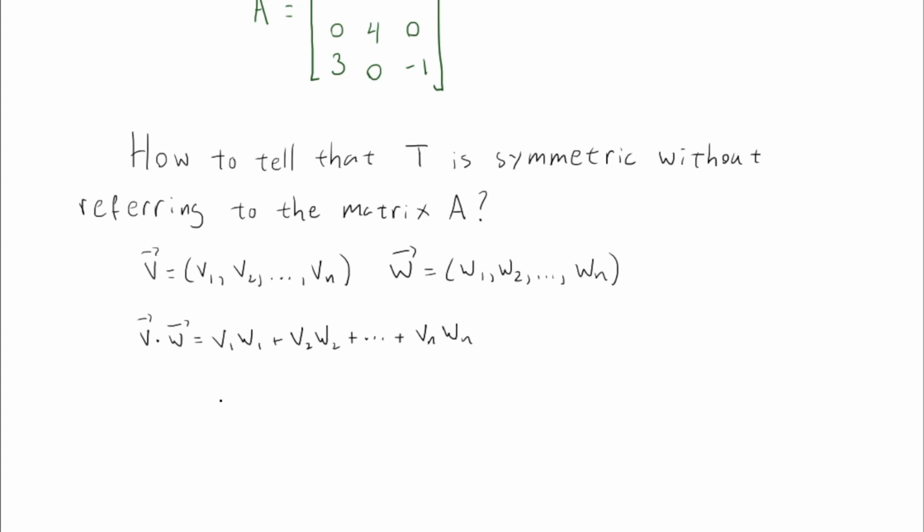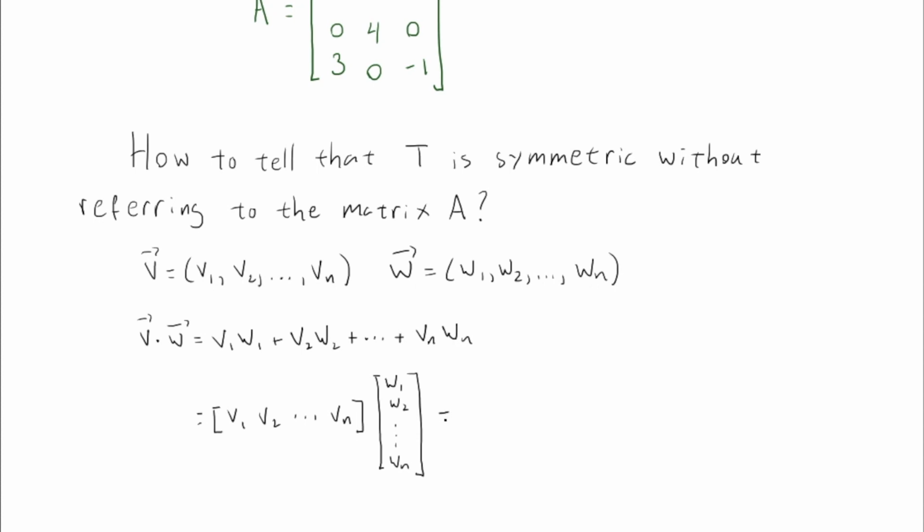You can write this expression as you take the row matrix V1, V2, up to Vn, and you multiply it by the column matrix W1, W2, up to Wn. You can write it as a matrix multiplication.